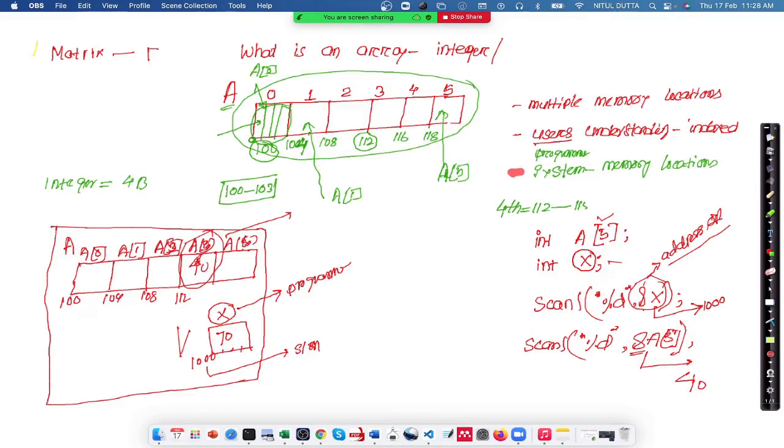Okay, so this is a continuous memory location. One more thing: if this is a group, individual elements could be extracted or scanned by the programmer using the index, any index 1, 2, 3, 4 within the limit.